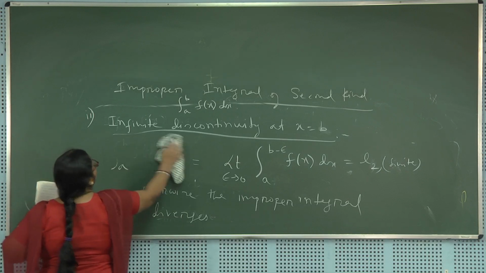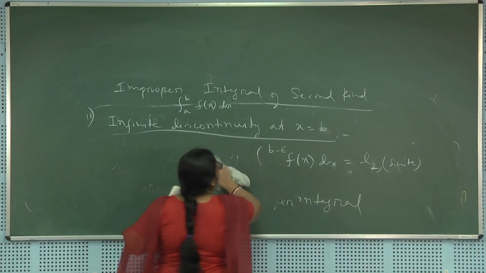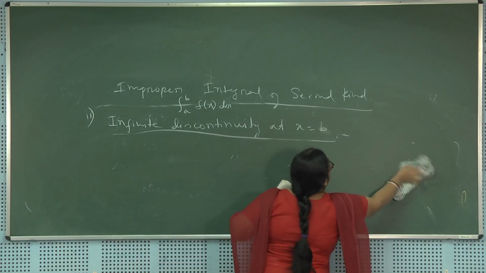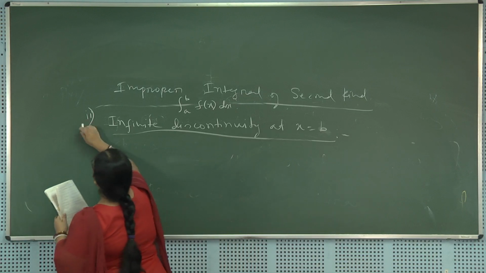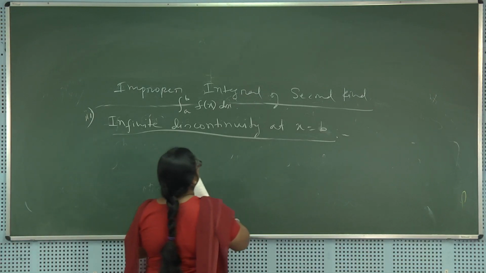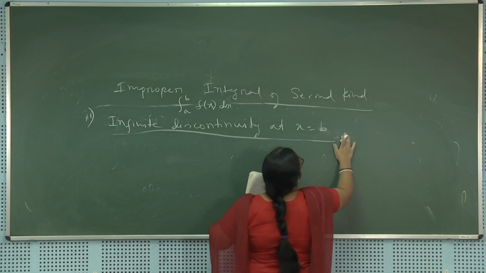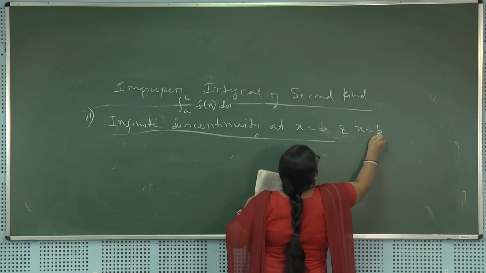Third case, if it has a discontinuity at both the limits a and b, then what will happen? So, infinite discontinuity at x equal to a and x equal to b.